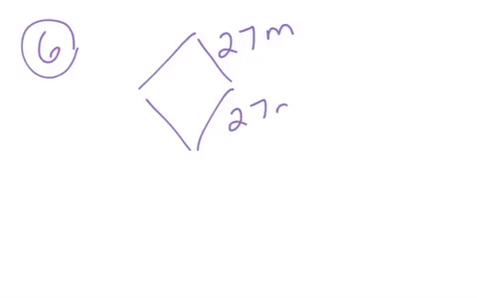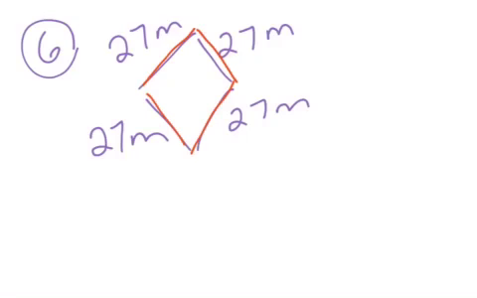Number 6. A baseball diamond measures 27 meters along each side. If a batter scores a home run in a game, how many feet did the batter run? We've got to figure out how many meters he ran to begin with.